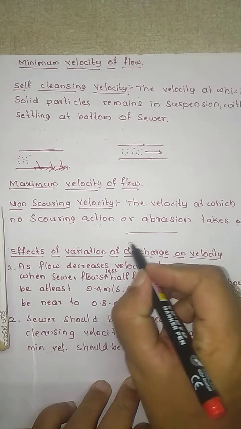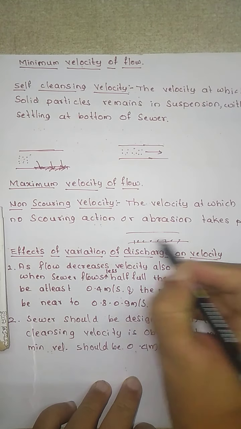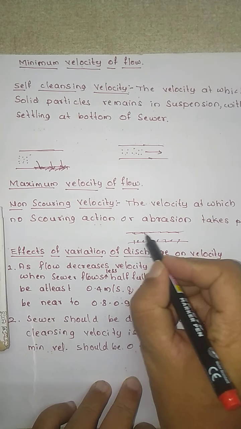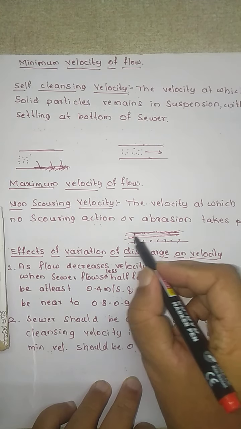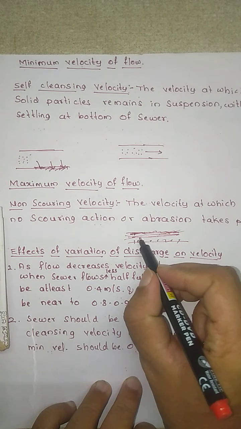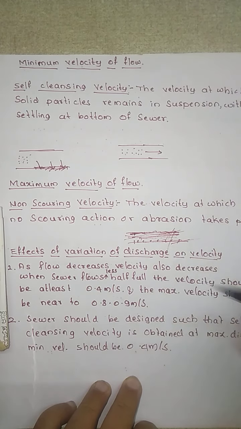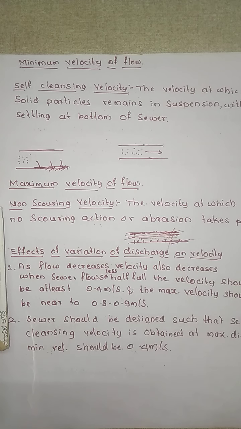Suppose this is your sewer with a rough surface, and the velocity is too high. Then this material may get eroded, and the quality of the sewer is going to be affected. There should be no scouring action taking place inside the sewer line.